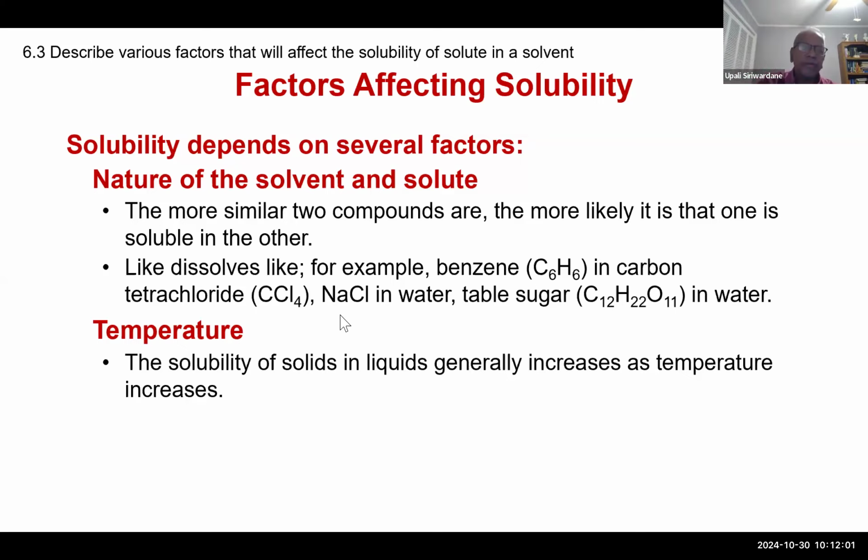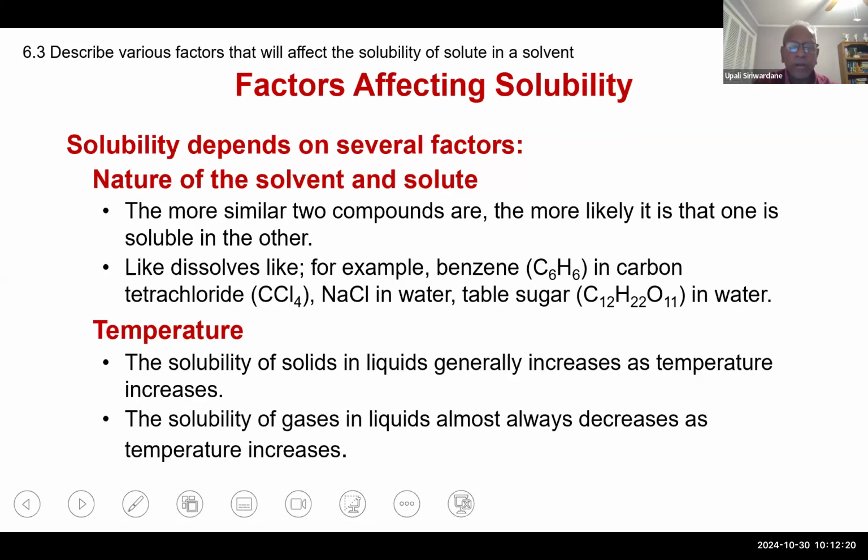Some compounds go into solution when the temperature is lower. That's a different issue. Most of them are increasing. The solubility of gases in liquid always decreases with an increase in temperature.